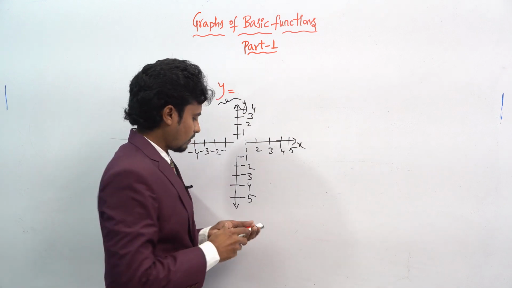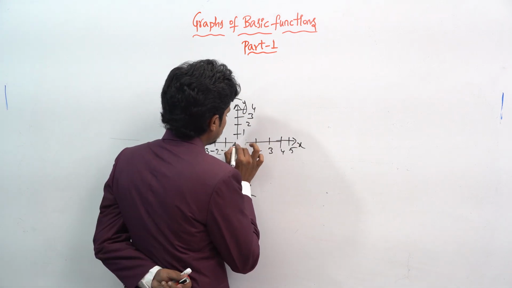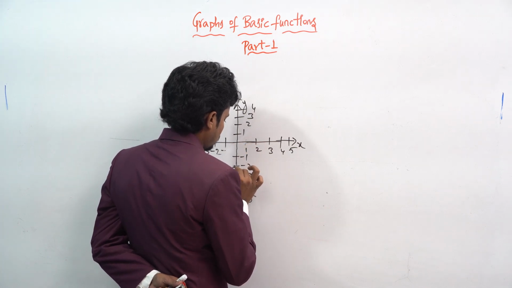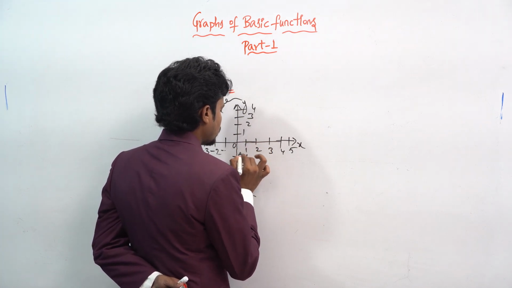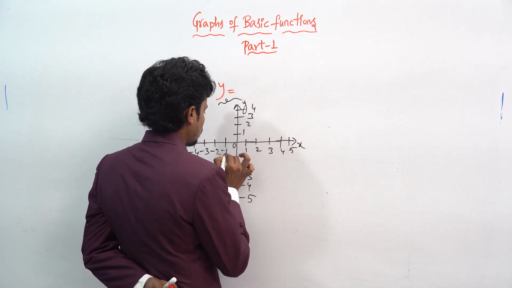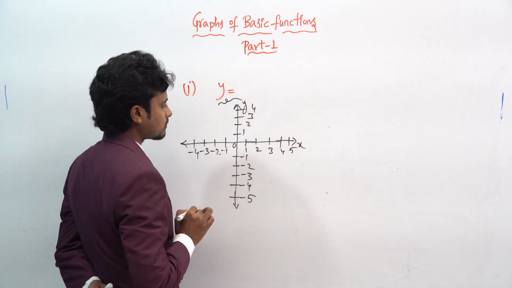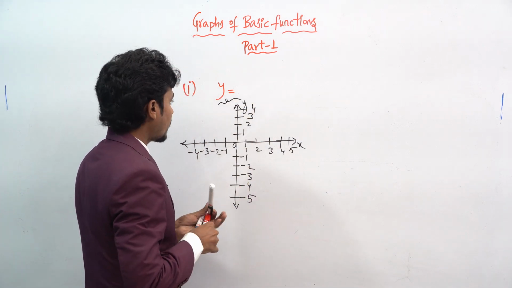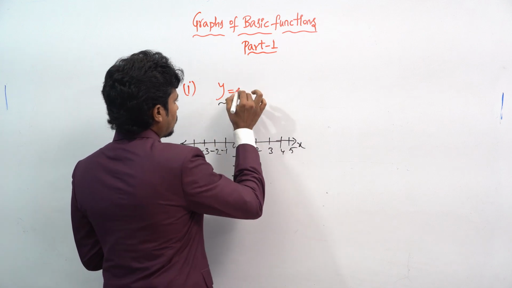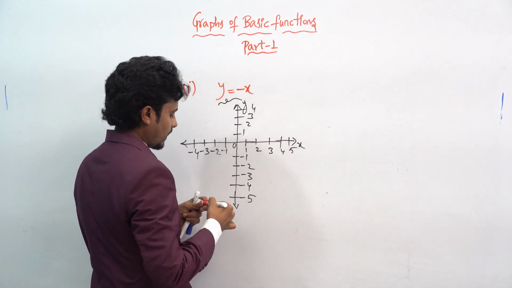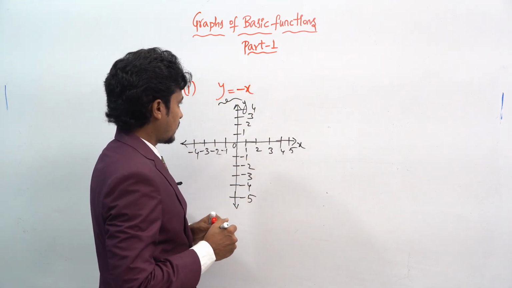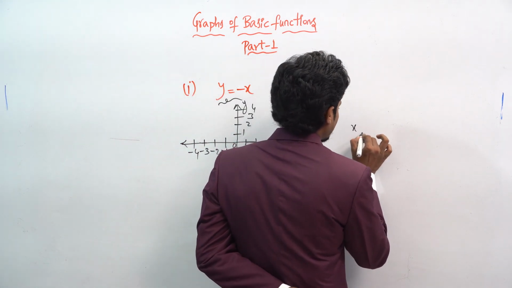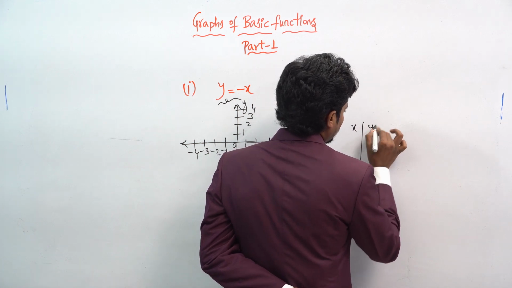Okay, so here this will be the 0, this will be the 1 and this will be the -1 here. Okay, now what is our target? Our target is y is equal to -x. What will happen? Here also you can see the input as well as the output. So x is the input and y is the output.